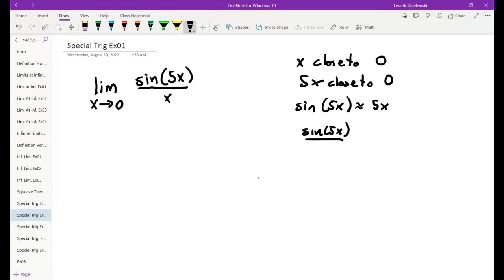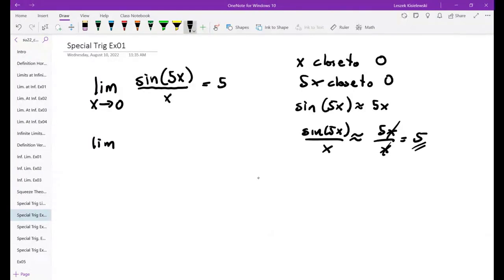So this will be close to 5x over x. Okay. So near 0, our function is going to be close to the value of 5. So we anticipate this limit is 5.